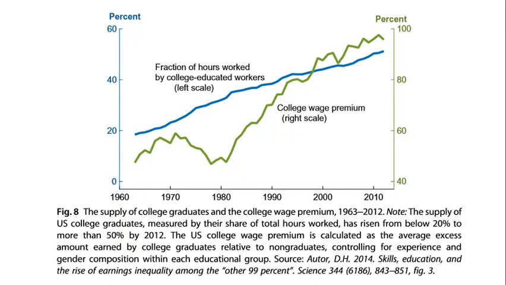We get lots of negative press, and of course college has gotten much more expensive. But if we look here, this is actual data on the wage premium to getting a college degree, and if you look back into the 60s through 80s, there was very little economic benefit in terms of wages, in terms of dollars earned. There was very little value from earning college degrees in that time.